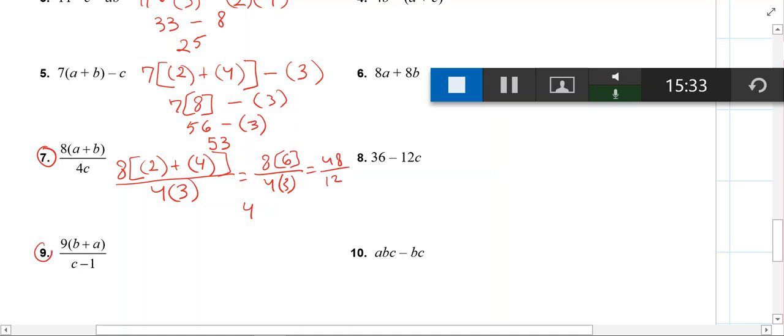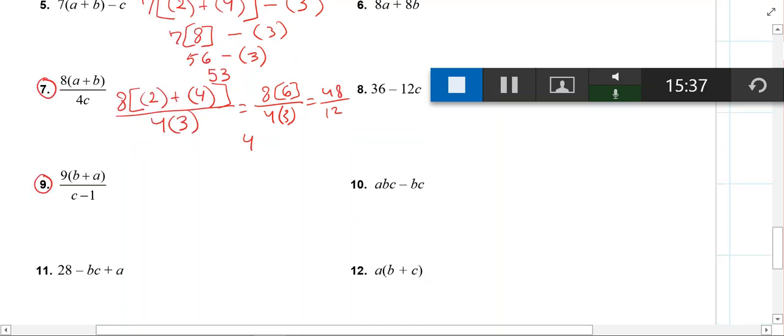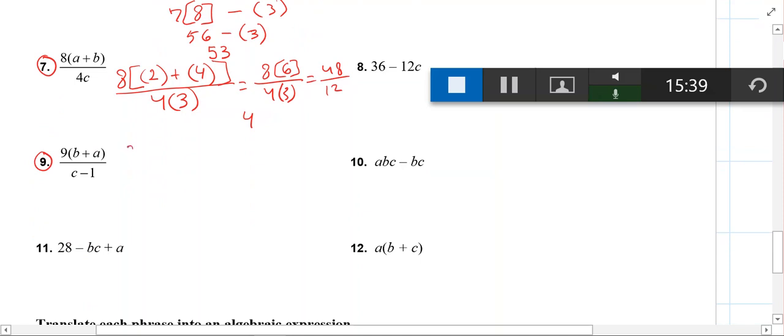Try 9. All right, 9, change this parentheses to a bracket, parentheses for the B, plus parentheses for the A, in bracket, over, parentheses for the C, minus 1. B is 4, A is 2, and C is 3.